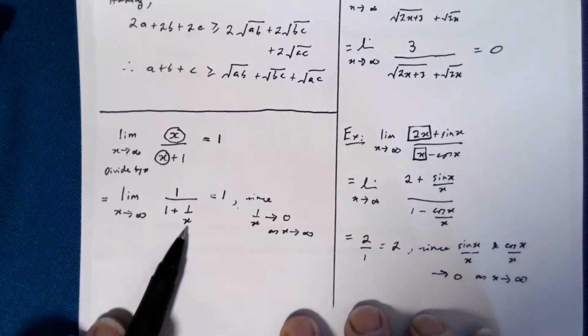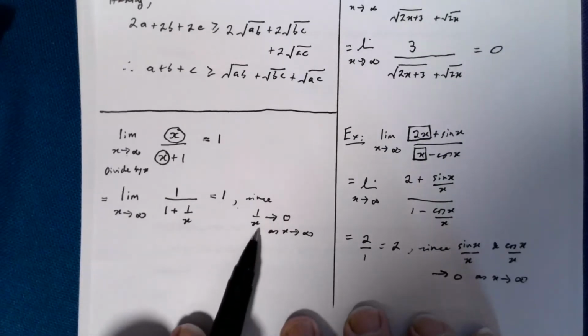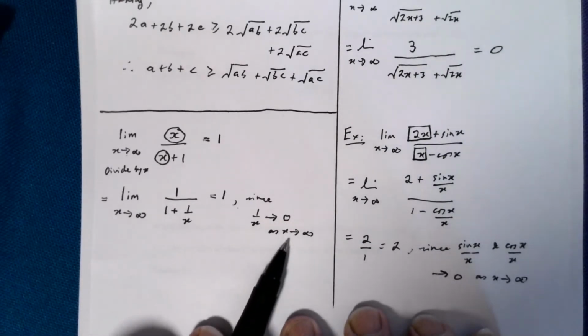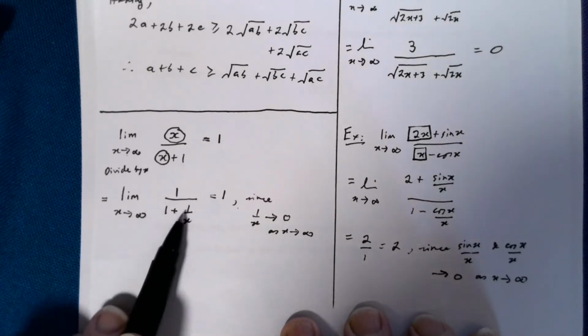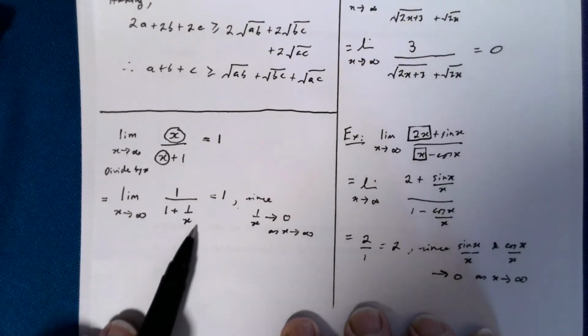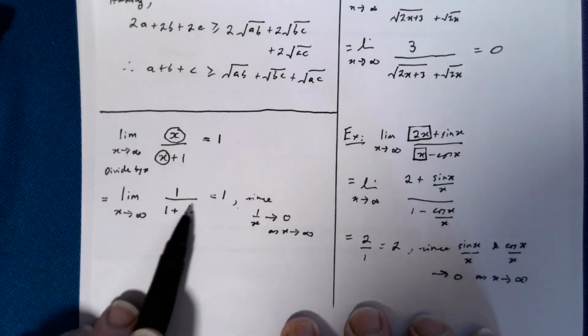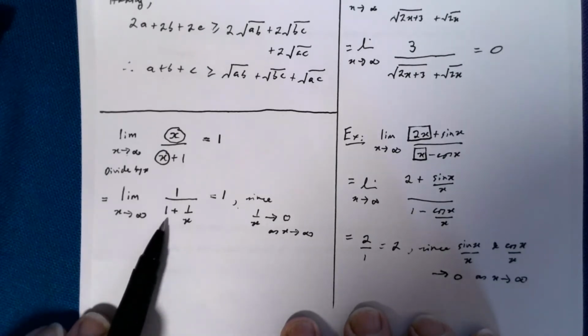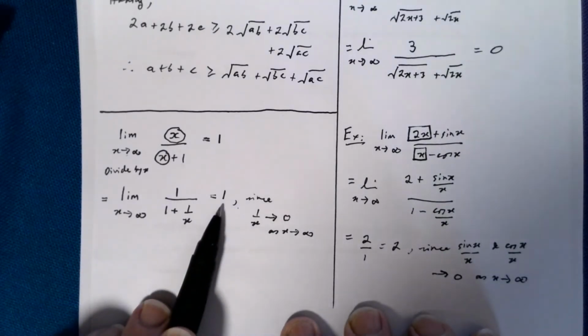Now we use our intuition, because we know that 1 over x goes to 0 as x becomes very large. And that means as x becomes very large, this term here is disappearing, it's going to 0. And I'm just left with 1 over 1, which is 1. And that's how we're going to set it out when we're doing these problems.